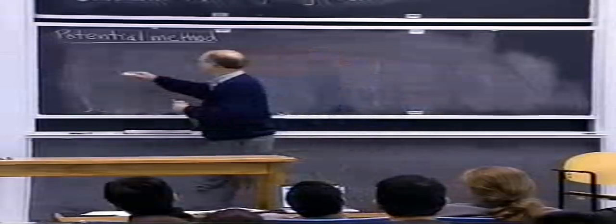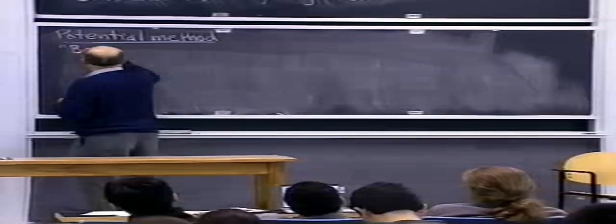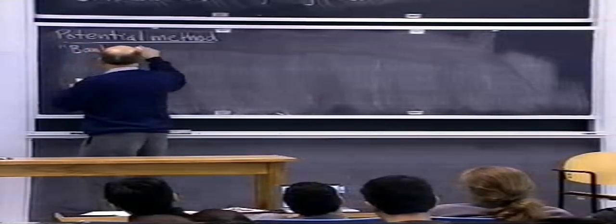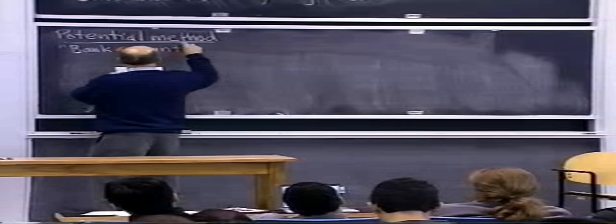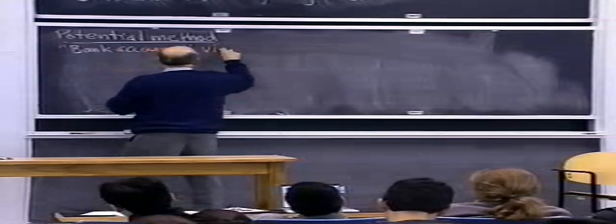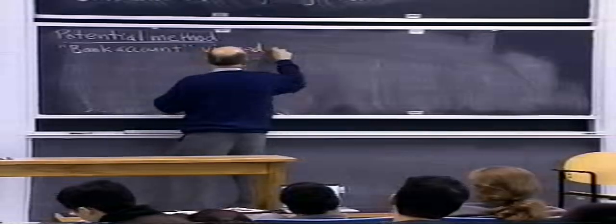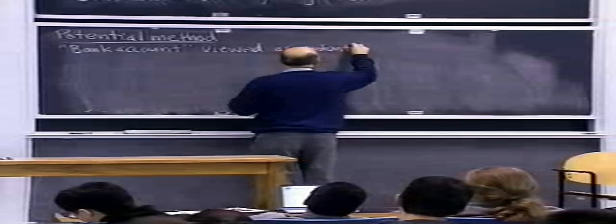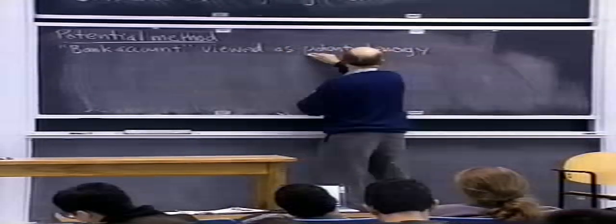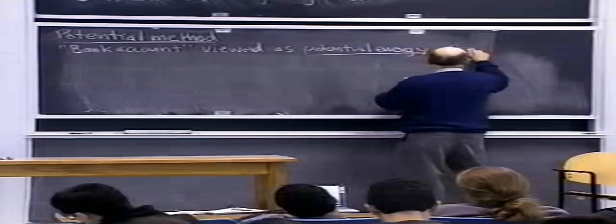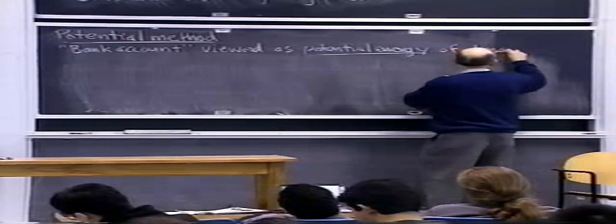Okay, it's really just a question of which way is easier to do something. Okay, so here what we'll do is we take a look at the bank account. Okay, but what we do is we view it as potential energy of our data structure, dynamic set.